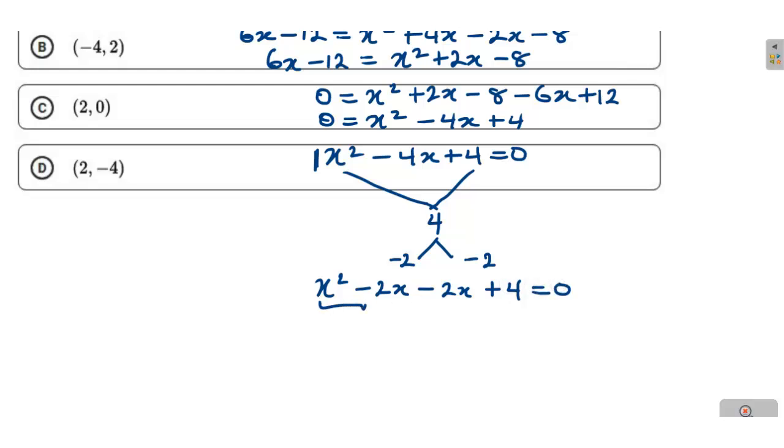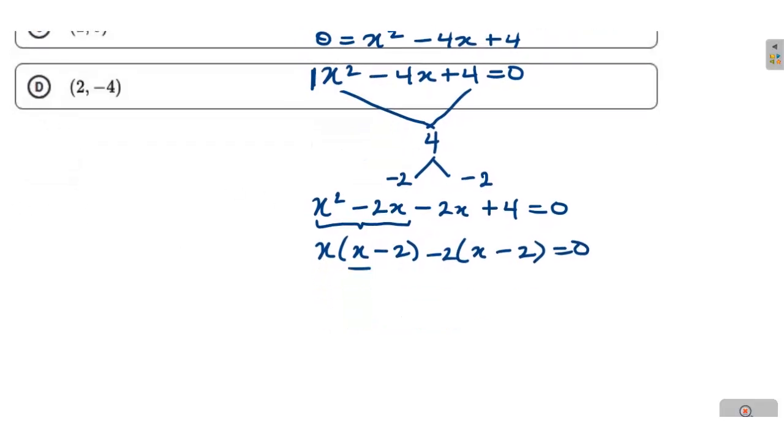So let's decompose this. We have x into bracket x minus 2. Then x minus 2 will return here again, because of this correct decomposition, whatever you have inside the bracket here will also return here. What are we going to be having outside again? That is minus 2. So at the end of it, x minus 2 into bracket x minus 2 is equal to 0.